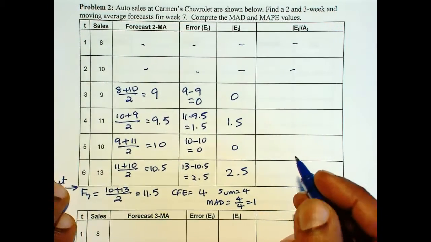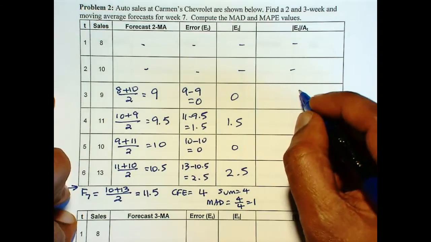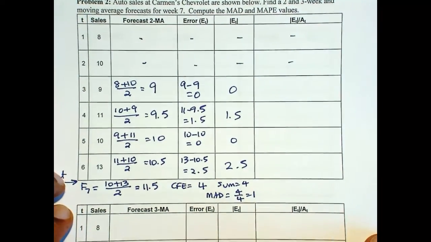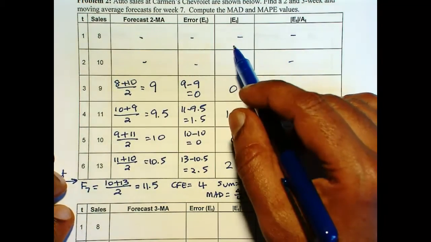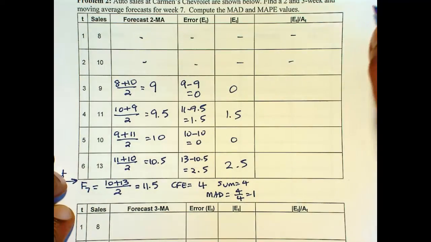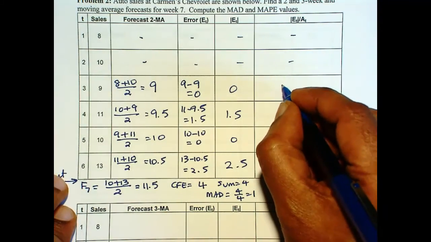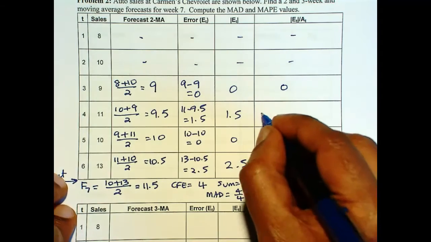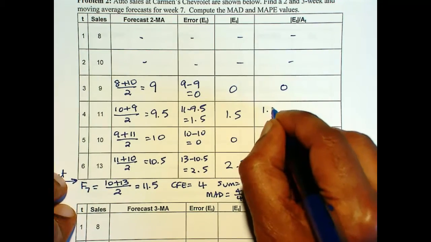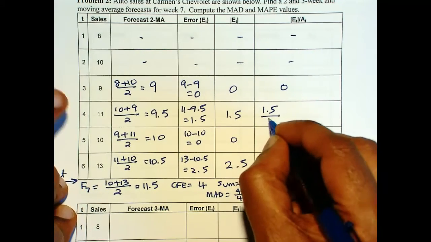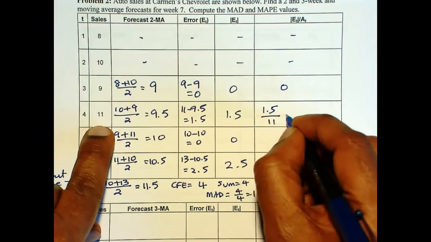Now to compute MAPE, in this problem we'll do only MAD and MAPE. We are not going to do MSE. So this is 0. Then 1.5 divided by the actual value 11 is 0.1364.